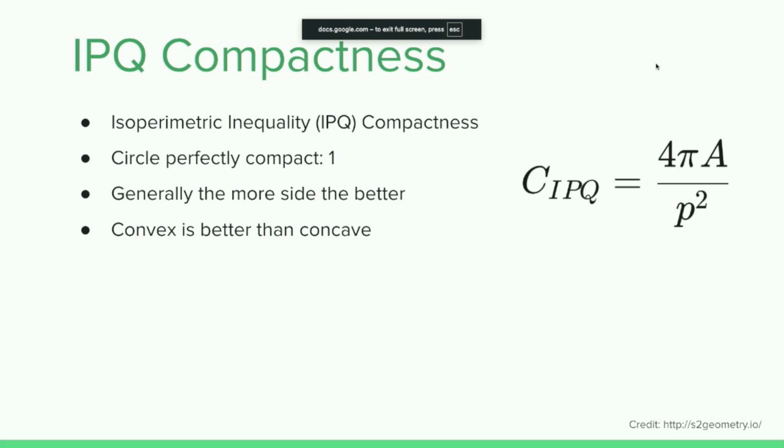So it is an issue. The hexagon is the most circular or compact shape. There is a measure of this called IPQ compactness, and the hexagon does the best here, but the more sides you have, the more compact you are. So the pentagon does pretty well. It depends on whether you're talking about analysis or visualization.